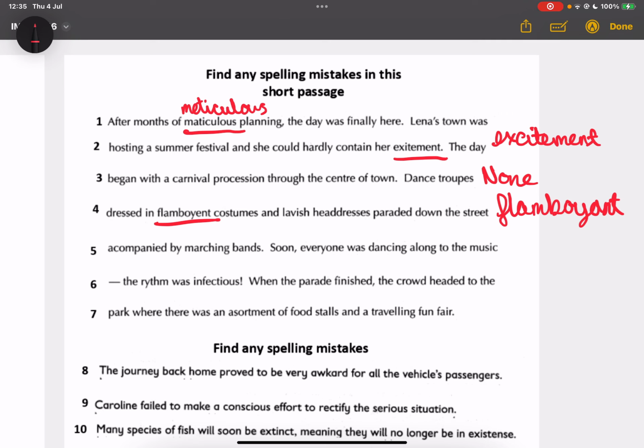Accompanied by marching bands. Soon everyone was dancing along to the music. So this one is accompanied. Accompanied should be spelt with double C. So accompanied.